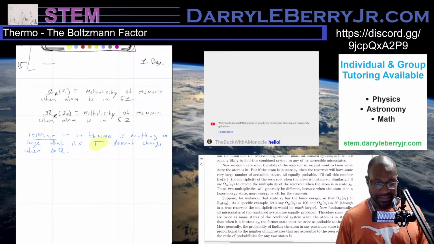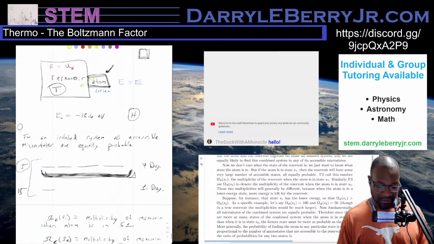Suppose, for instance, that S1, which is state 1 of the atom, has a lower energy, so that the multiplicity of S1 is greater than the multiplicity of S2, because we saw in the previous example that the lower the energy, the more the base energy is divided up amongst those states. So for each individual state of lower energy, there's more of those than the states with higher energy.